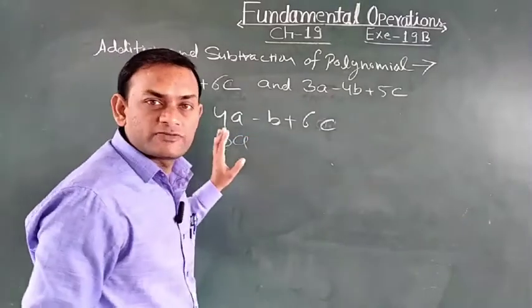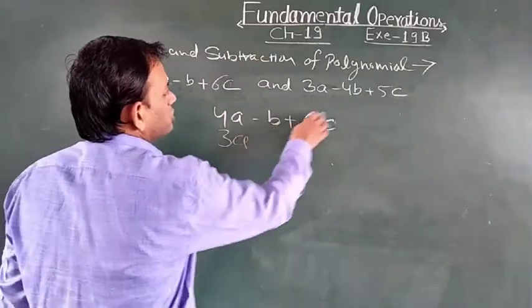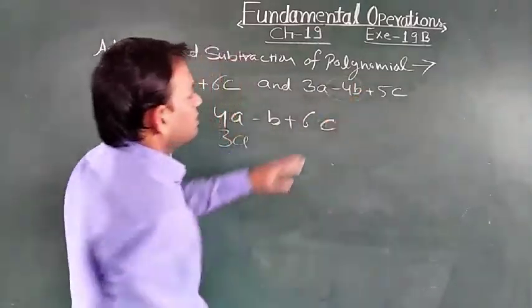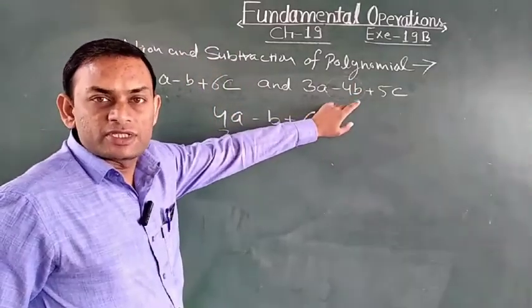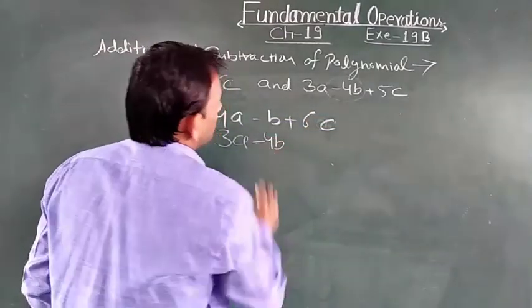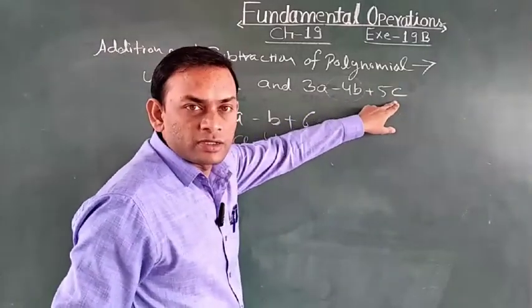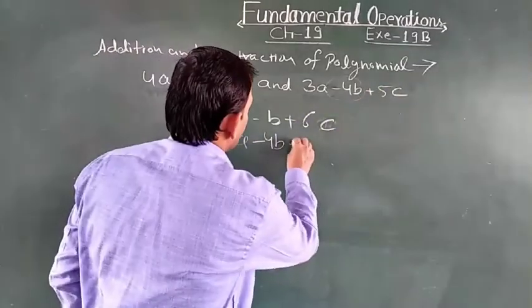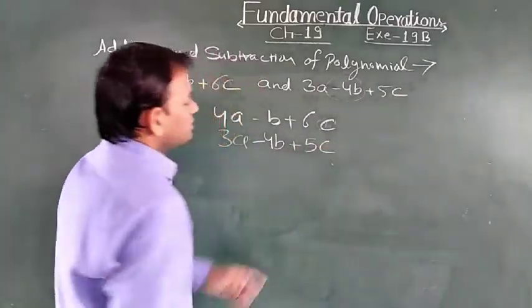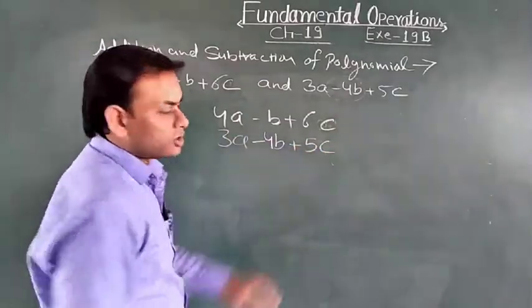The like terms must be in the same column. After that, this is the b, so you will write the same term, 4b, below this term. After that, c is there and 5c is there, so you will write the 5c below the 6c, meaning the same terms must be in the same column.